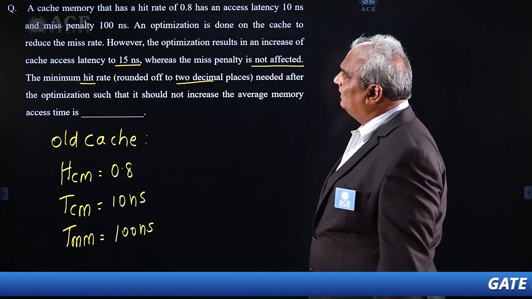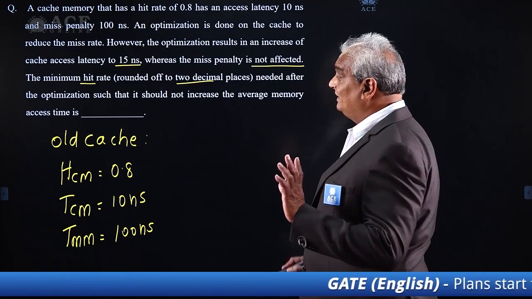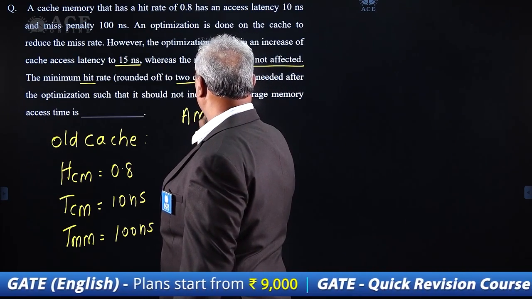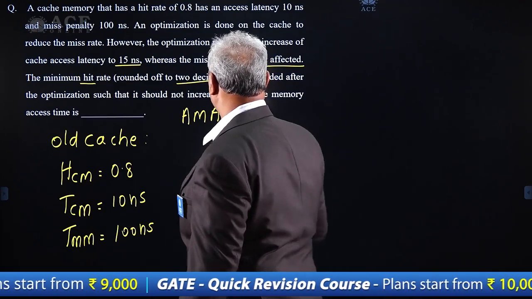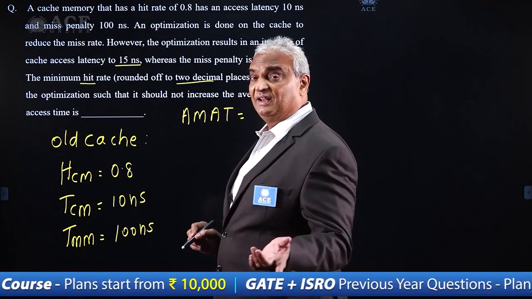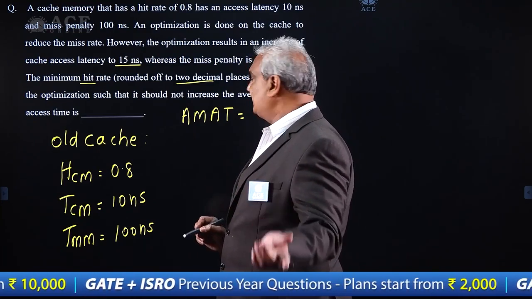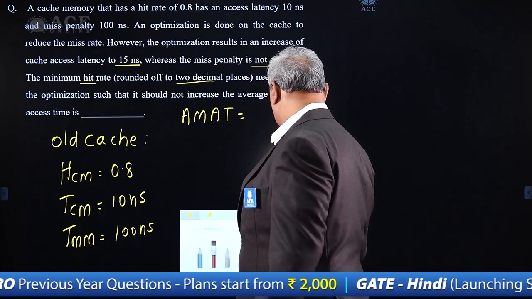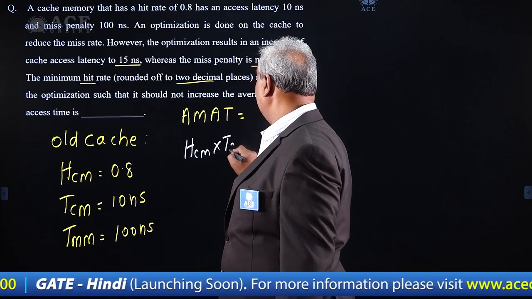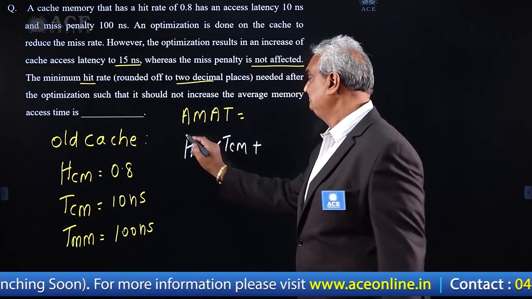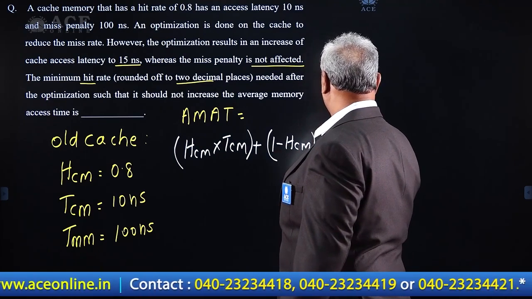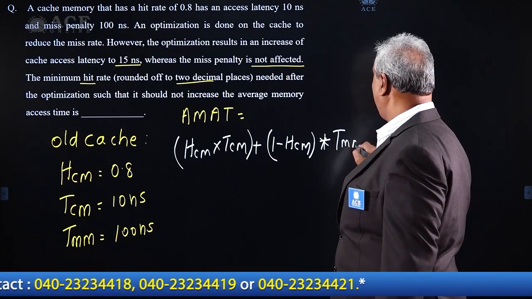First of all, to solve this question, compute the average memory access time for this. AMAT, average memory access time. For a two-level system, average memory access time is nothing but HCM into TCM plus 1 minus HCM into TMM.